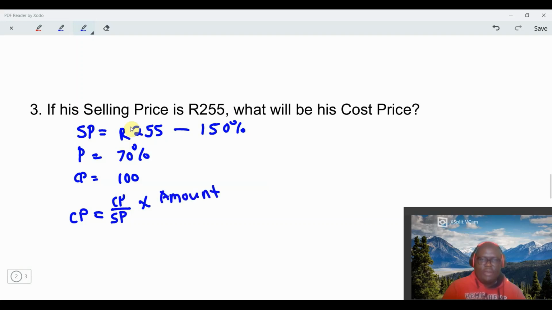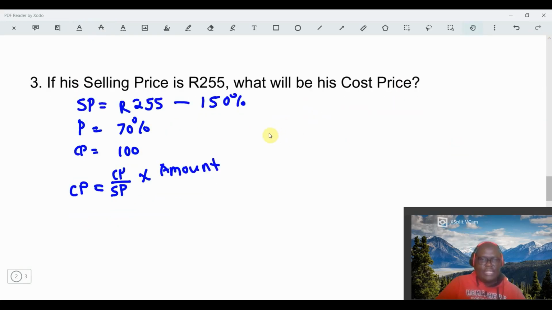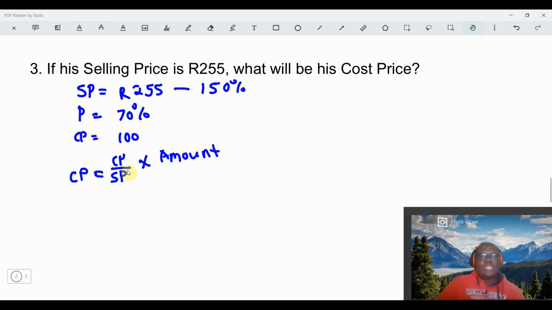Everything we have here, everything is given to us, right? Everything is given. So it means that we are just going to substitute. Your cost price will then be 100% over 170 times that amount, 255.